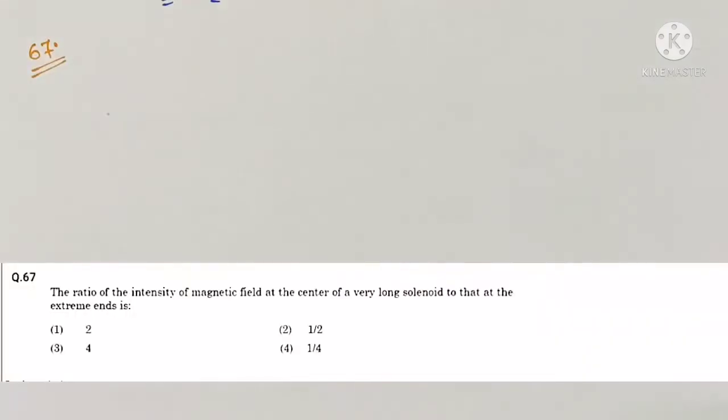Question number 67. The ratio of the intensity of magnetic field at the center of a very long solenoid to that at the extreme ends is.